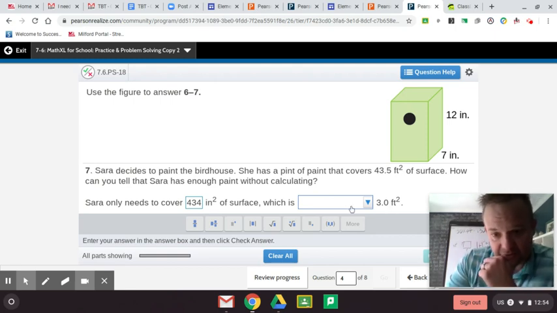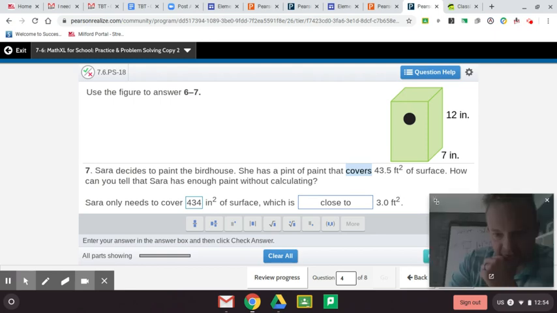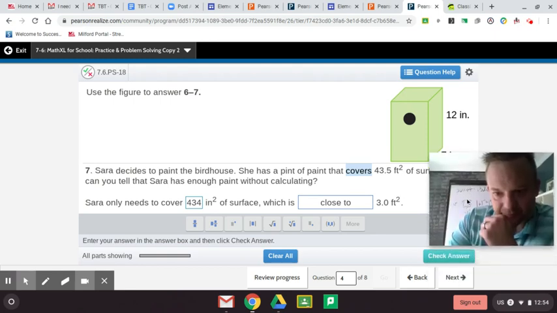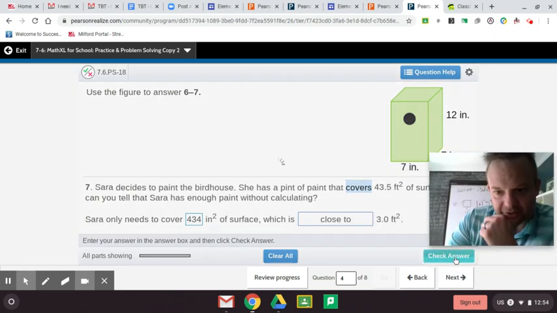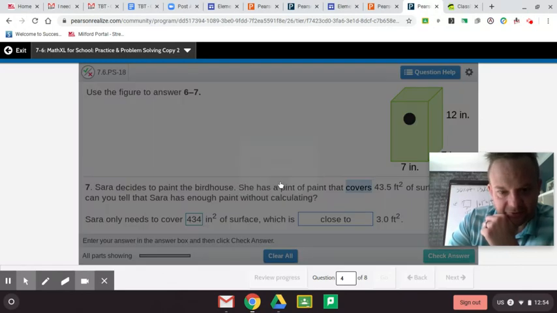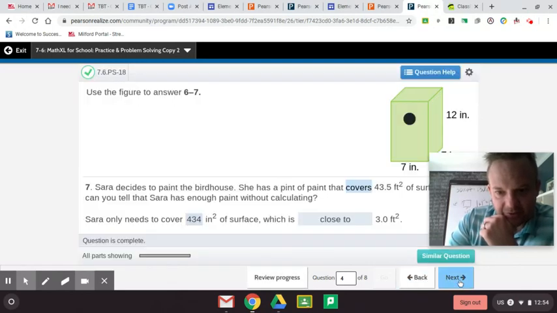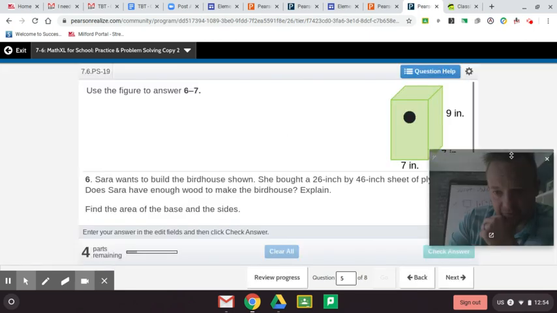So that's close to 3 foot squared. All right. If you were stuck on this one, I don't blame you. That's a hard one. They throw these in every so often, don't they? All right. Well, we got it. And hopefully you can learn from my mistake I made there.